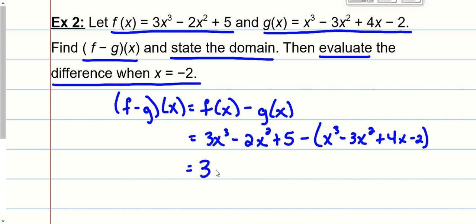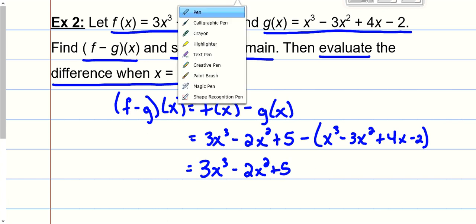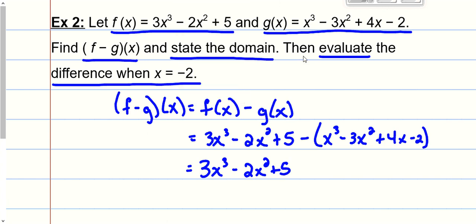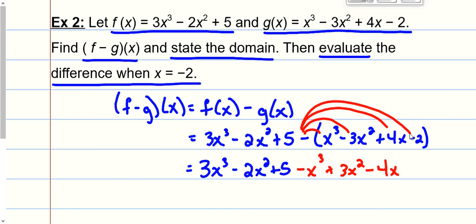So we have 3x cubed minus 2x squared plus 5. Then, when we distribute the negative, negative times x cubed is negative x cubed. Negative times negative 3x squared is positive 3x squared. Negative times 4x is negative 4x. And negative times negative 2 is positive 2.